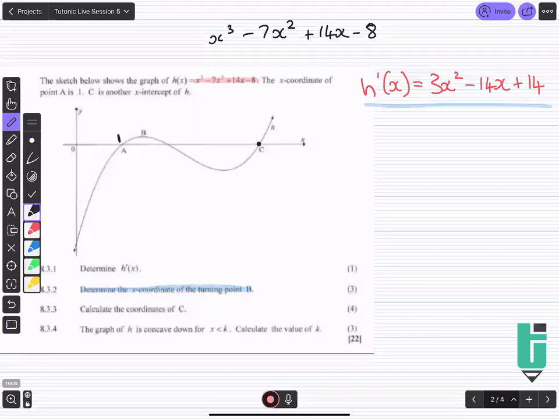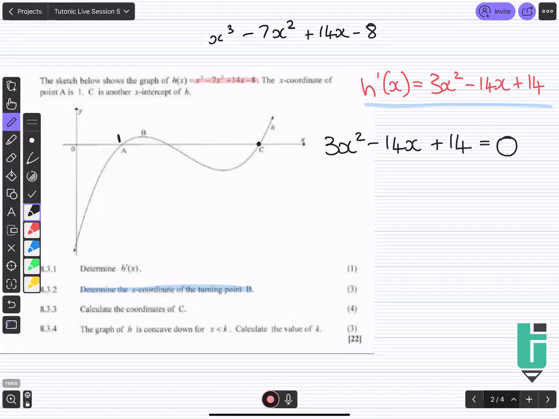Do we know one of the answers already? No, we don't actually know them. Can we factorize this? No, we can't. Let's just use the formula.